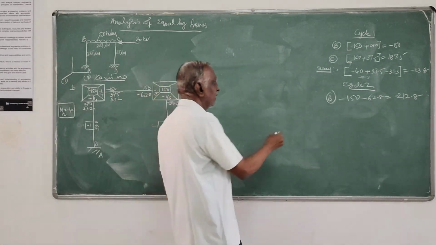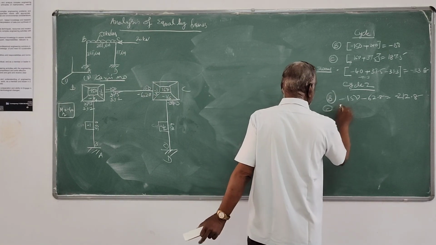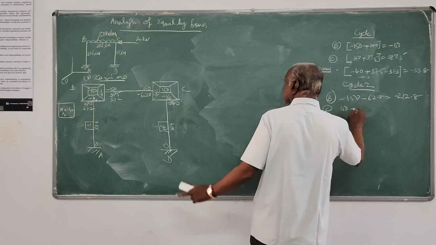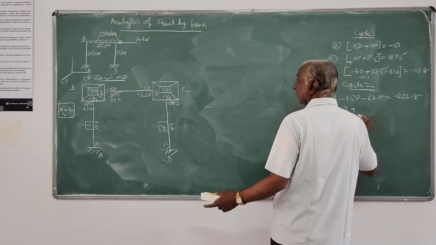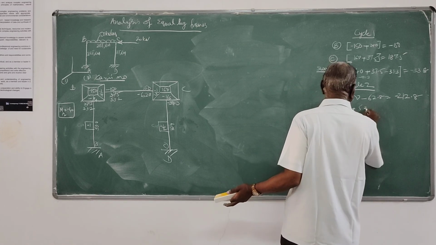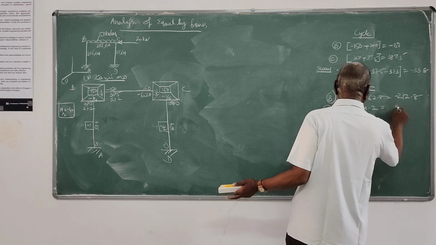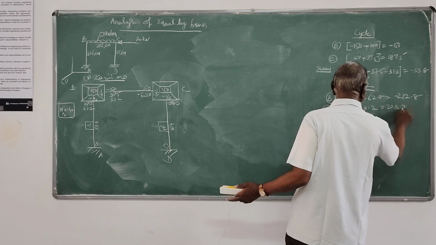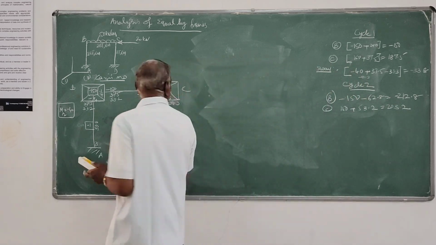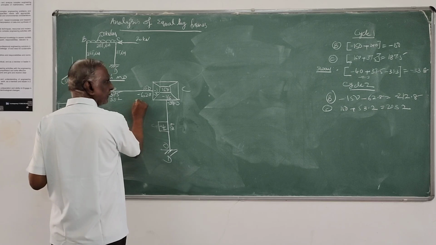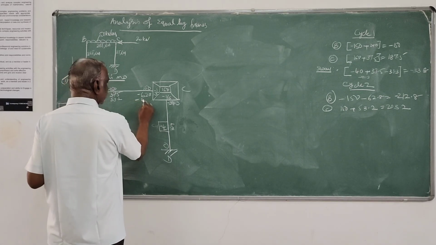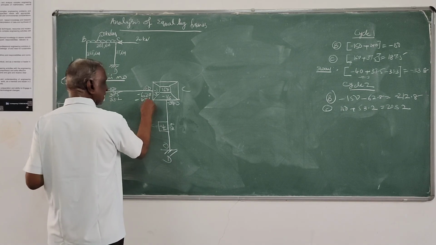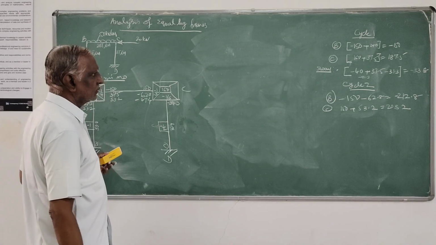So next joint C, it is 150 plus 53.2, which is equal to 203.2. That multiplied by minus 1 by 3 gives 67.4.